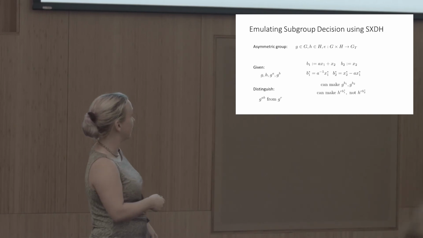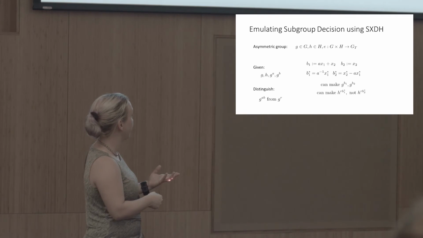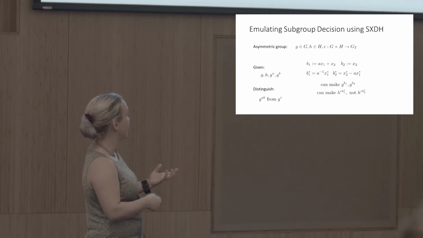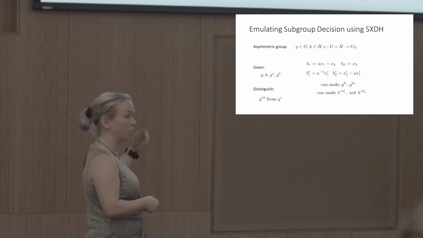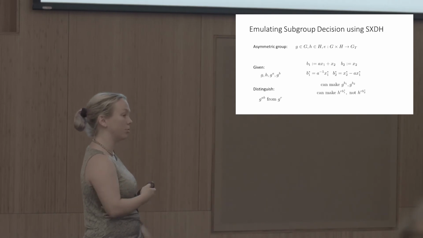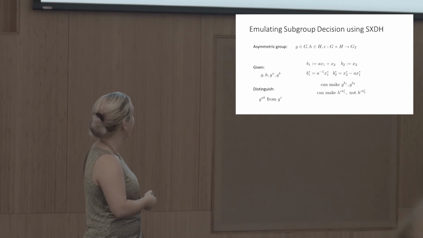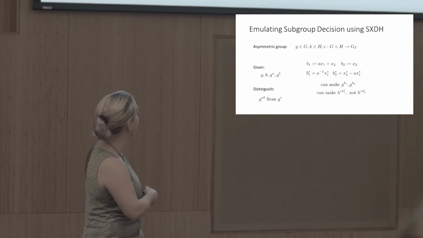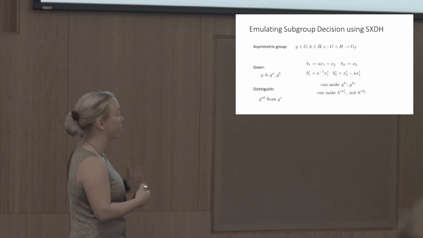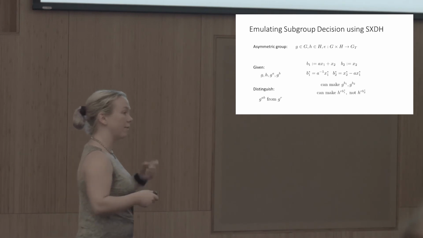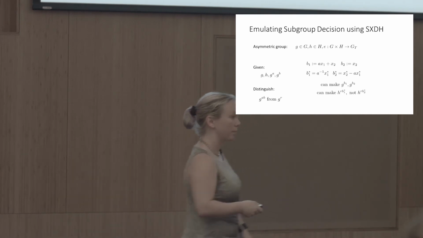This is equivalent to saying, all right, I can make red or blue on the other side, but I can't make something that would be only red, that would distinguish between having a red element or not. So from these embeddings with SXDH, you can simulate some class of these subgroup decision assumptions.